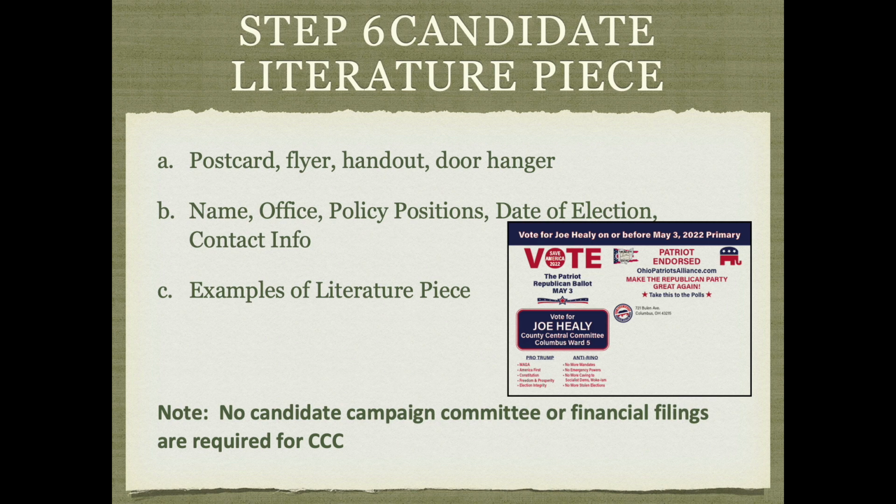There are many ways to design a literature piece. Here is one example. Do not make your literature too busy, long, or complicated. It should be clear, hard-hitting, and to the point. It should attract the voters' interest and be something they can hang on their refrigerator as a reminder. Note: no candidate campaign committee or financial filings are required for County Central Committee races.